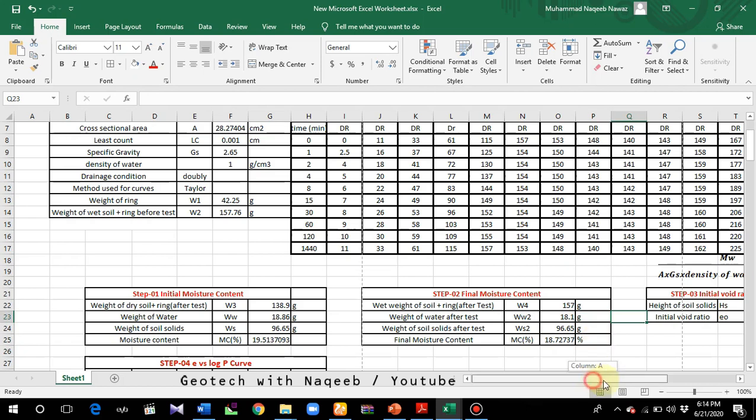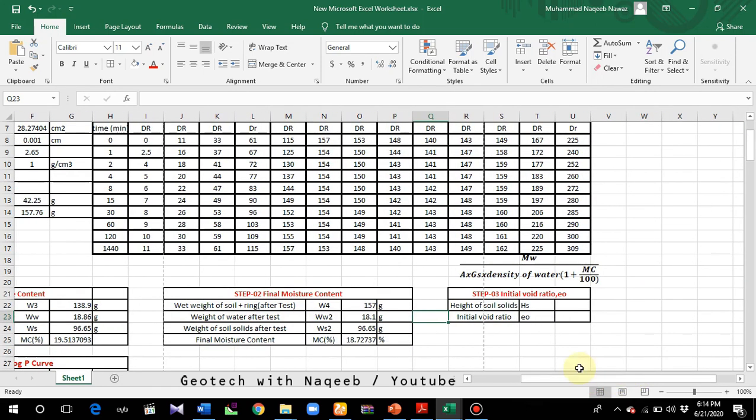So the third and most important step is to find out the initial void ratio. The initial void ratio formula is (H naught minus Hs) over Hs. Hs is basically the height of soil solids, which is obtained from this formula. The explanation of this formula is given in the previous lecture, so I'll just apply it here.